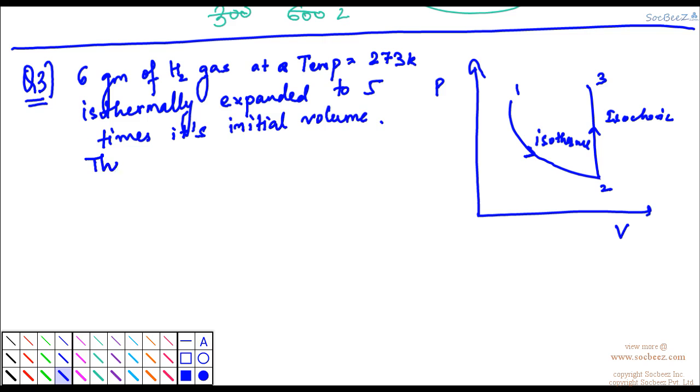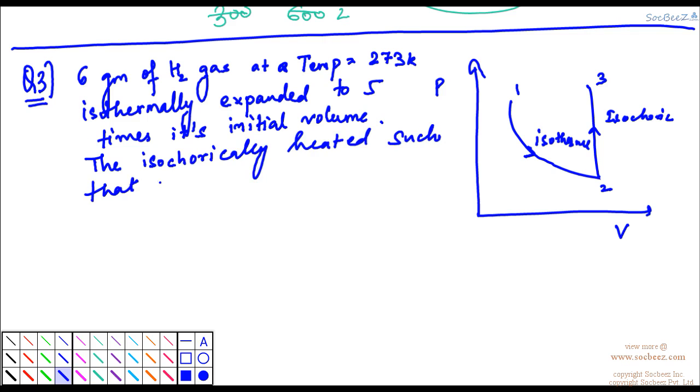Okay. Then isochorically heated such that the final pressure is equal to the initial state.